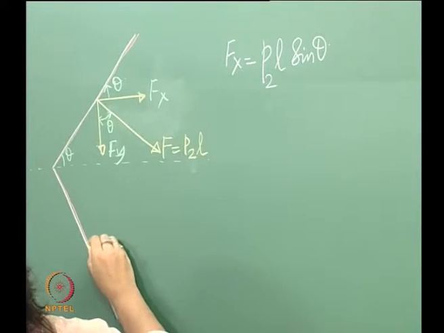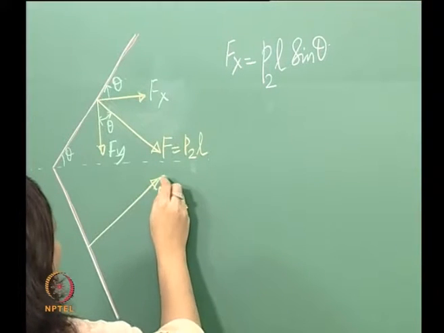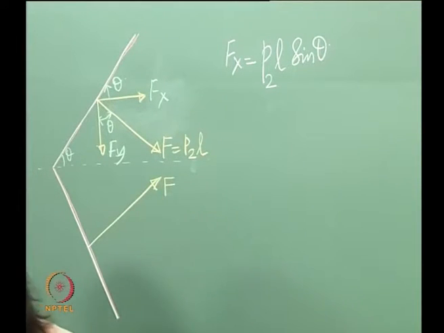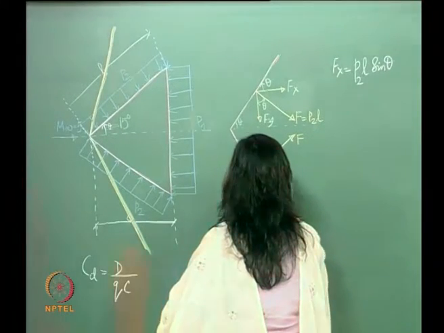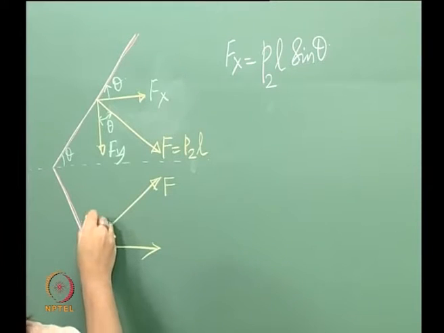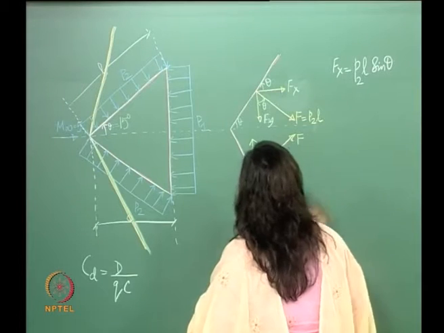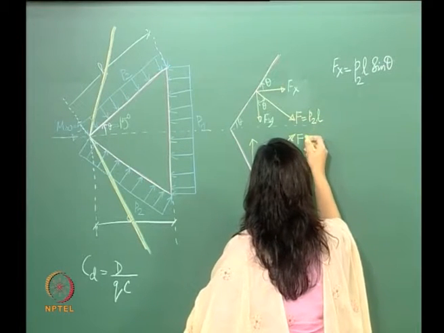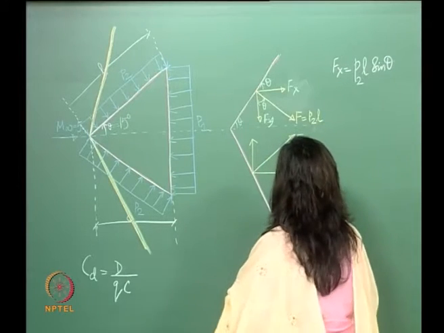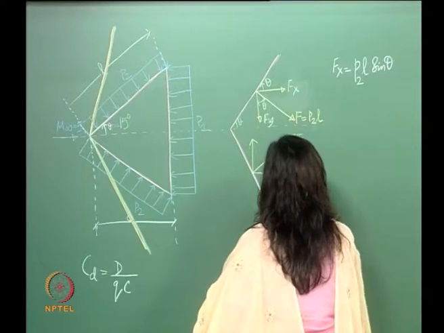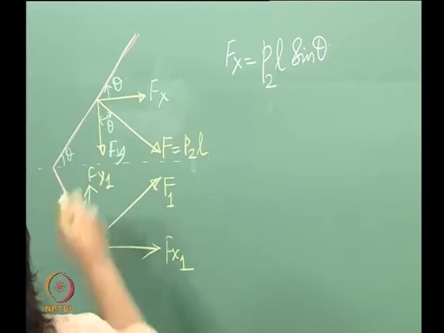So here also, let's call this again F. This is also going to be F. Or let us say I call this F1, compared to that, and this is going to be Fx1 and Fy1, right?